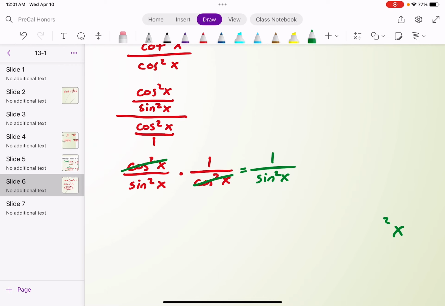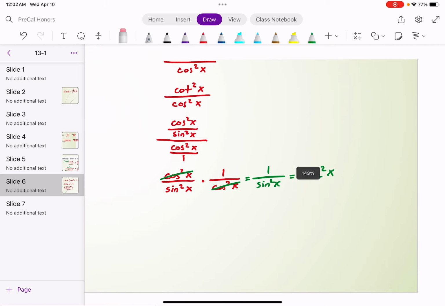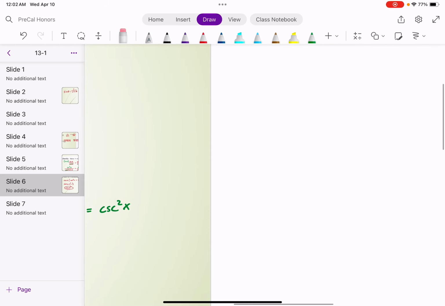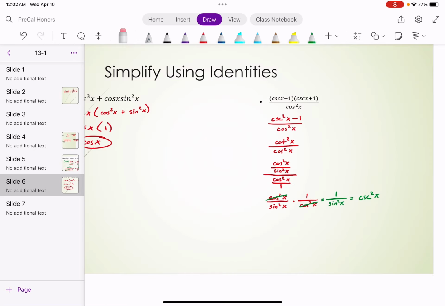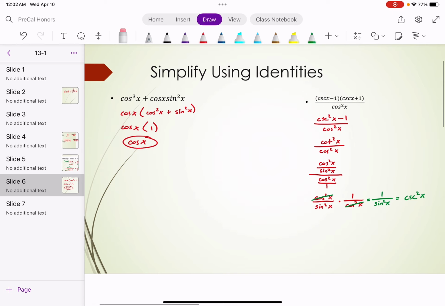Keep in mind, we can use the reciprocal identity to provide us with cosecant squared x as our final answer. Let's go ahead and take a look at slide 7.